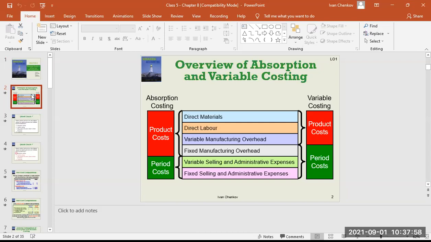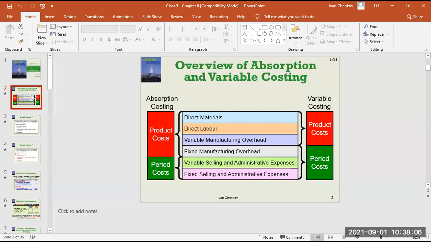Now, as you already know, we have a product cost and we have a period cost. Also, based on the cost behavior, we split the cost into variable and fixed cost. On the product cost, we have direct material, direct labor, and manufacturing overhead.